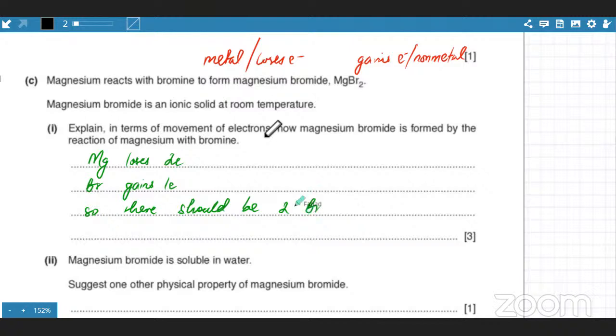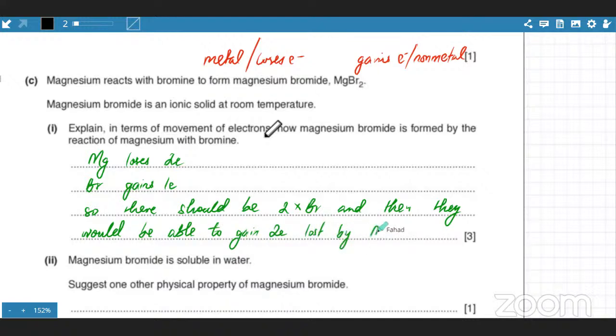So there should be 2 bromines, and then they would be able to gain the 2 electrons lost by Mg.